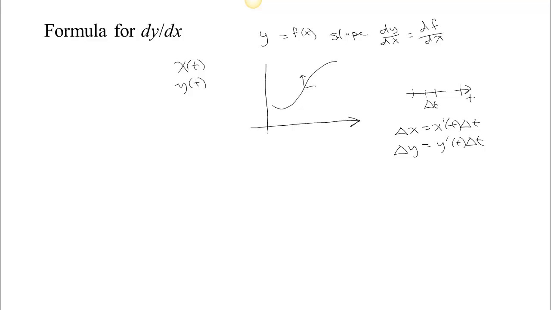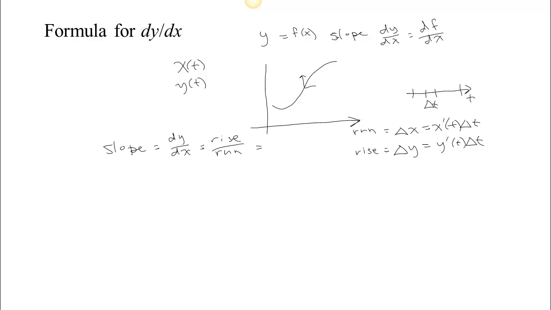If we want to find the slope, then we're going to take the rise over the run, right? So this is going to be how much we go up when we make a certain change in time, and if we make that same change in time, how much will we go over? So we have our rise and our run, so our slope, that's going to be dy/dx. That's going to be the rise over the run.